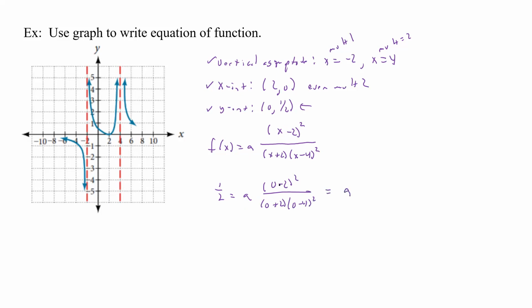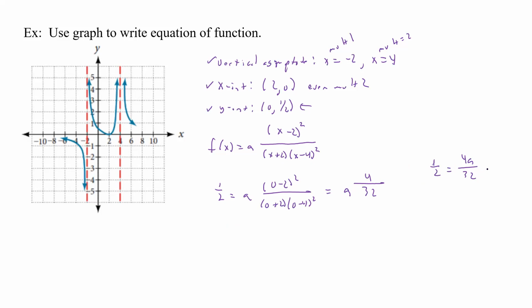That's a, and minus 2 squared is going to be 4. Then it's going to be minus 4 squared, 16 times 2 is 32. Okay. And so now we have basically, let's write it over here, 1/2 equals 4a over 32.